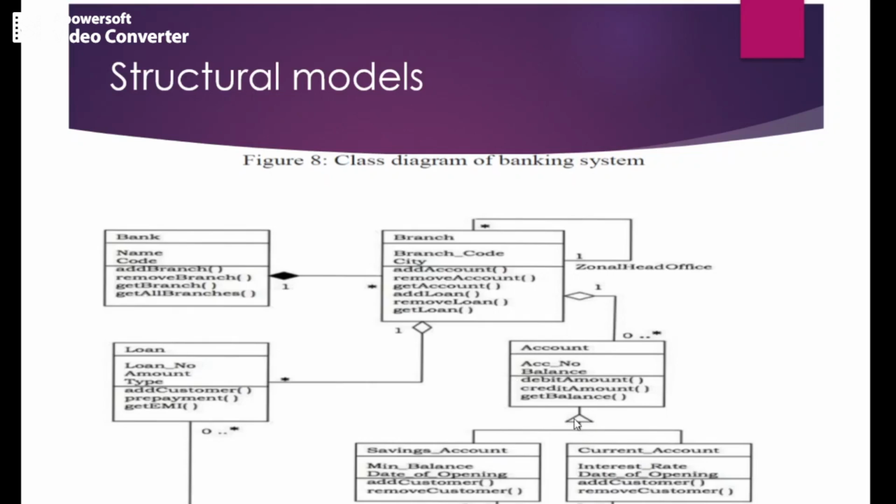So it says that these two, savings account and current account, will inherit from this parent class, that is account. So this is the parent class. These two are the child classes. Now this notation is different, okay? These are all notations. Now this is mainly inheritance.